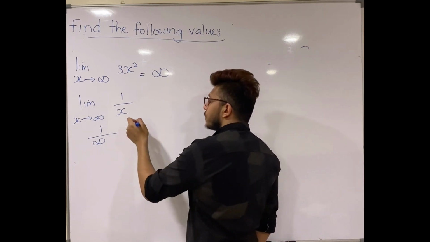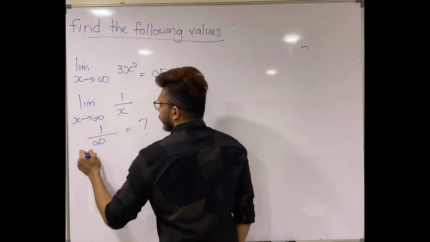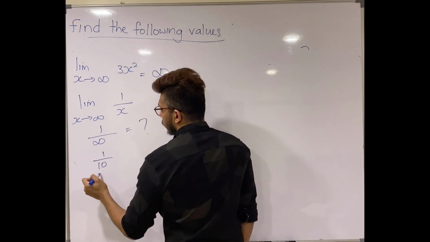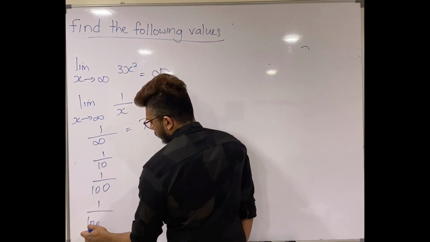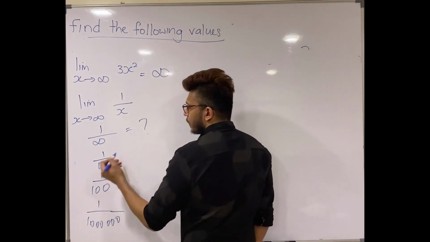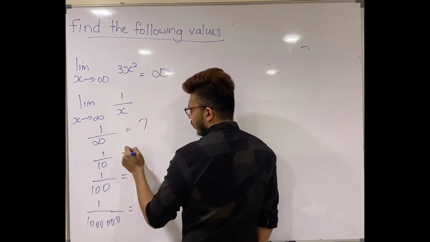Now, if you're not sure, let's try this. If I have 1 divided by 10, then 1 divided by, say, 100, 1 divided by a million. What's happening to all this? You're going to get 0.1.